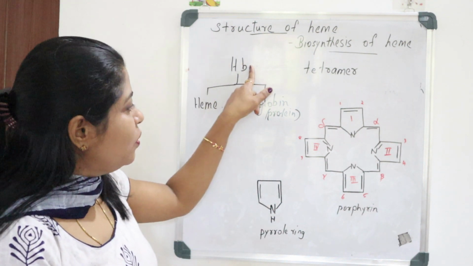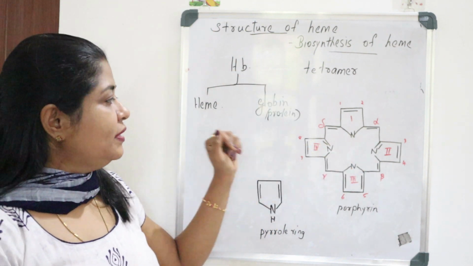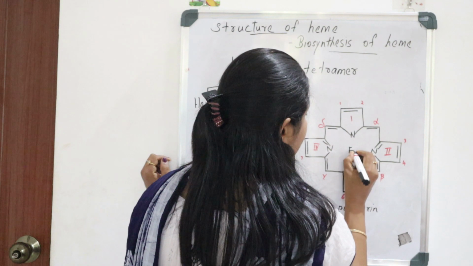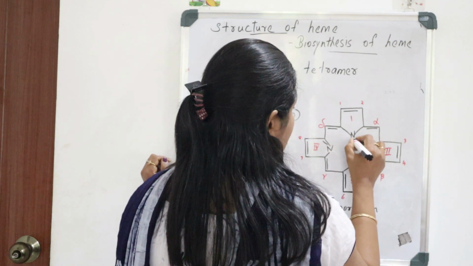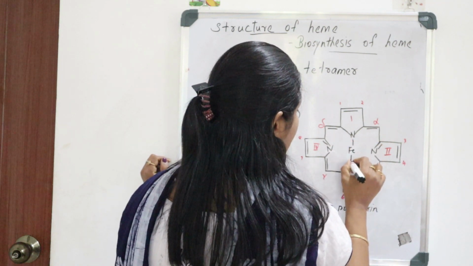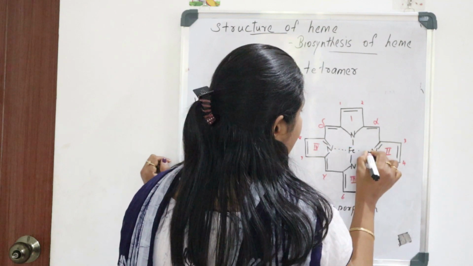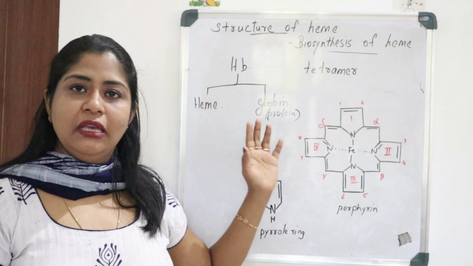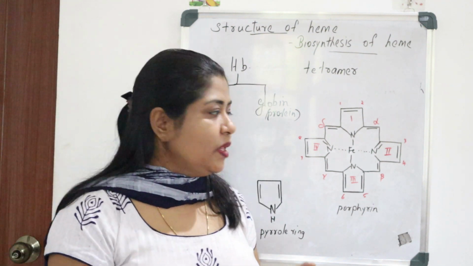And coming to hemoglobin, along with this we can see one iron ion, Fe. That constitutes the heme in our hemoglobin.